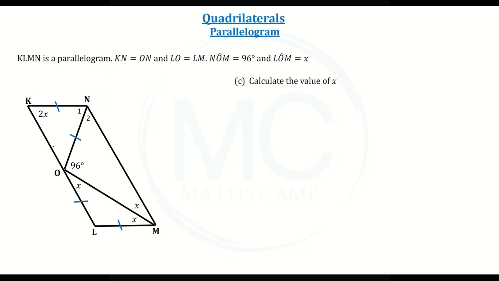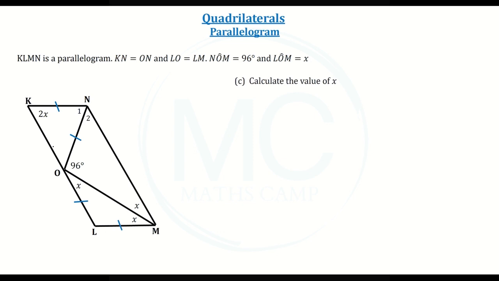Now there are many ways we can solve for x. We can look at parallel lines. We can find all the interior angles of the parallelogram. But we need to find the simplest, least time-consuming way. The question will never give you information just for the sake of it. Every bit of information helps us to find our answers.